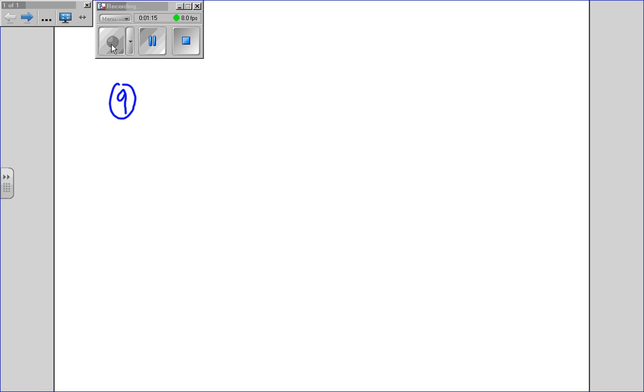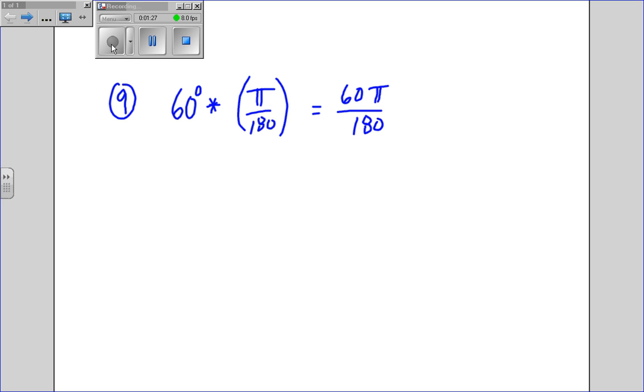Converting degrees to radians, we simply multiply by pi over 180, and then simplify.